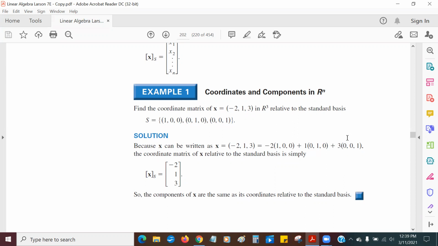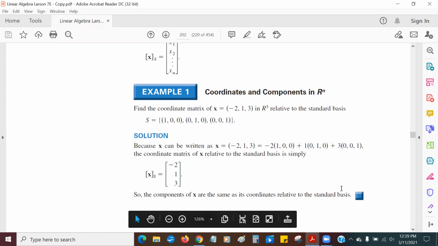If it was in 2 dimensions, then 1, 0 would be the i vector and 0, 1 would be the j vector. It's just common usage, i and j. But anyway, that's really what's going on here. That's what it means: -2, 1, 3, and that's how you express it as a linear combination of these basis vectors.